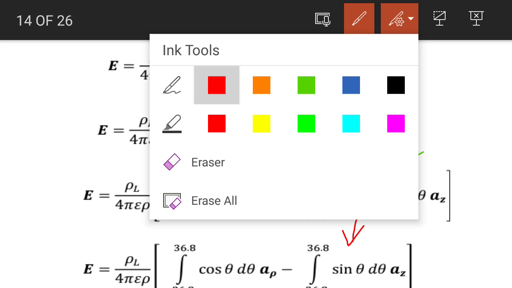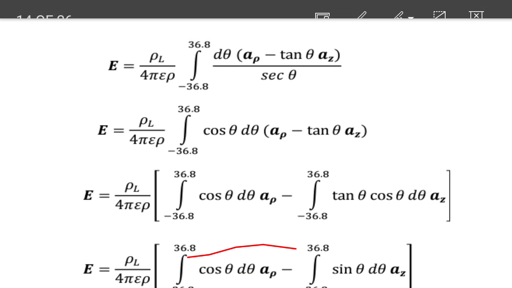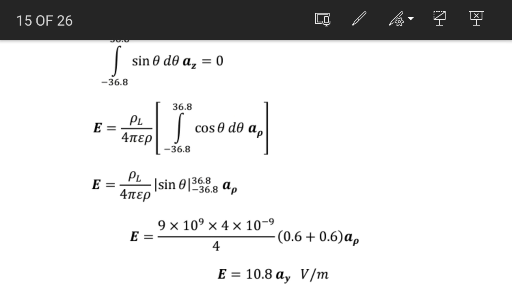We know that the integration of sine theta with these limits will be equal to 0, and the integration of cos theta is sine theta. We put the values in this particular equation. You see 1 over 4 pi epsilon naught is 9 into 10 raised to power 9. Rho L is 4 into 10 raised to power minus 9.